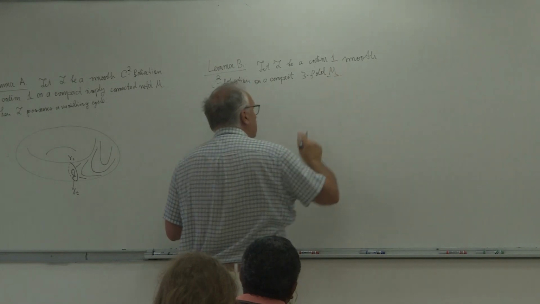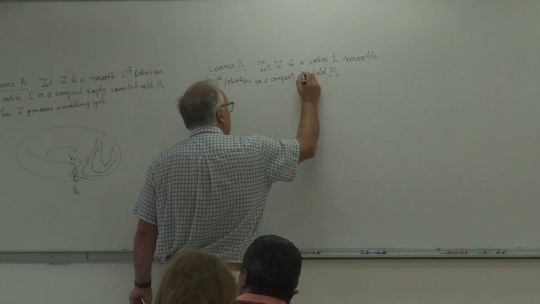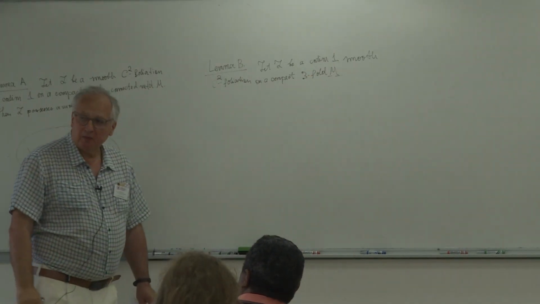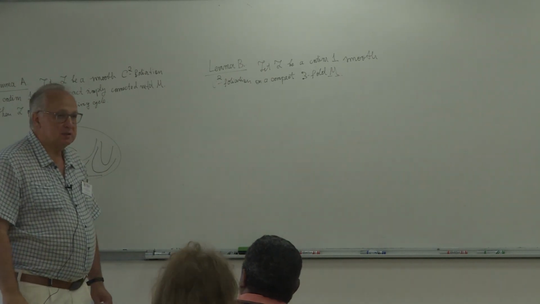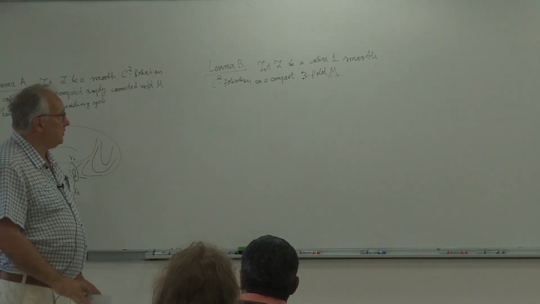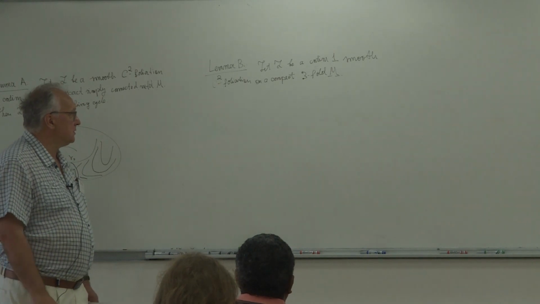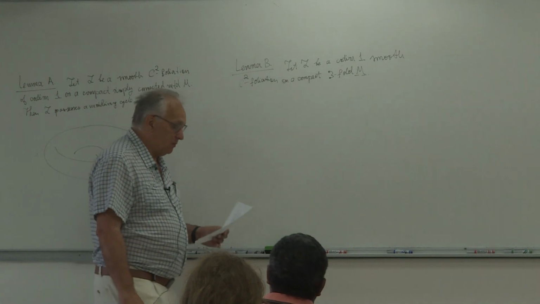So now we suppose that our manifold is of dimension 3. But for this lemma, we don't need that M is simply connected. Okay, but just for this lemma. So we have a smooth foliation of class C2 on a compact three-dimensional manifold.